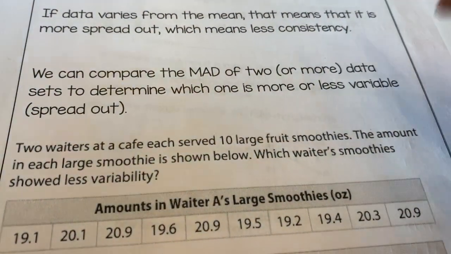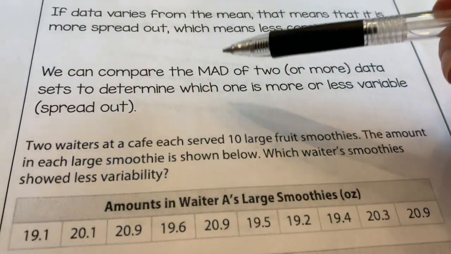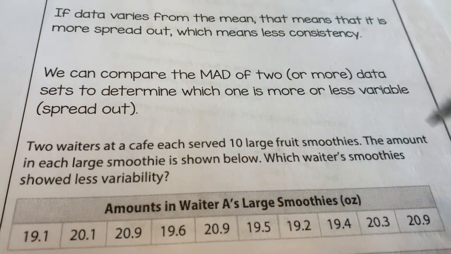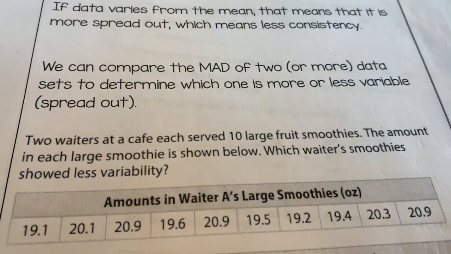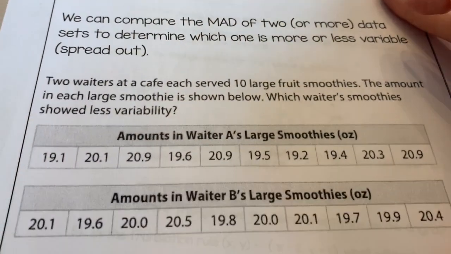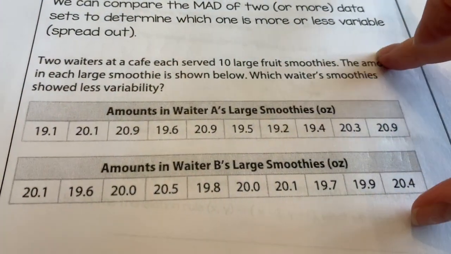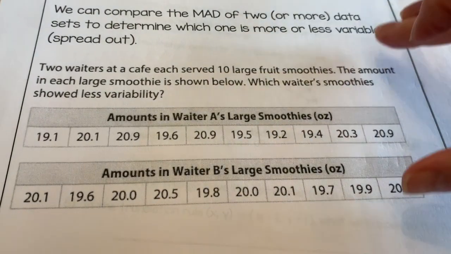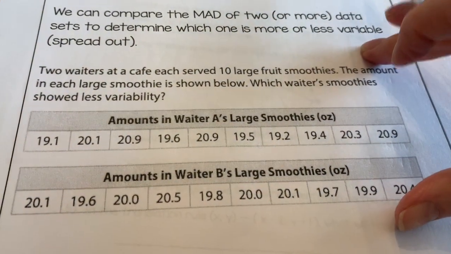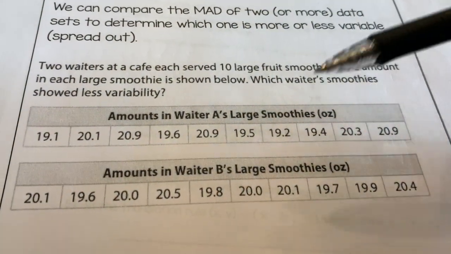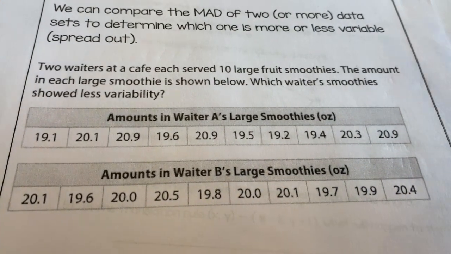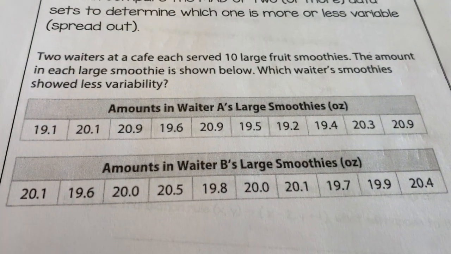Now, going back to our lesson, we can compare the mean absolute deviation of 2 or more data sets to determine which one is more or less variable, or which one is more spread out. So this is a type of a situation where we would want something to be less variable. We're looking at, in this problem, 2 waiters at a cafe who are serving fruit smoothies.